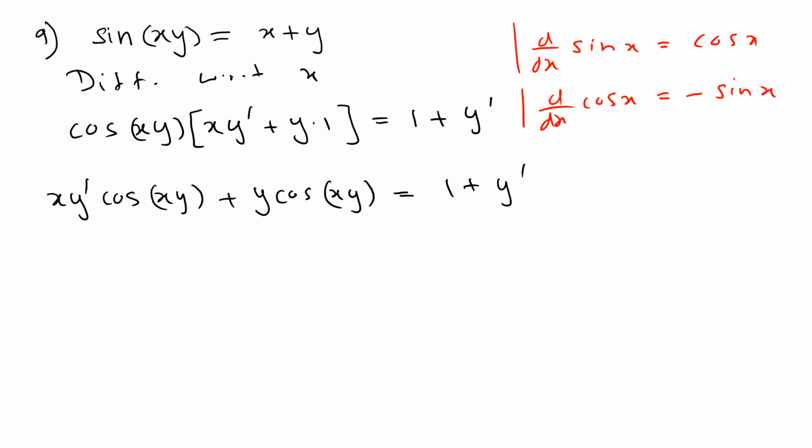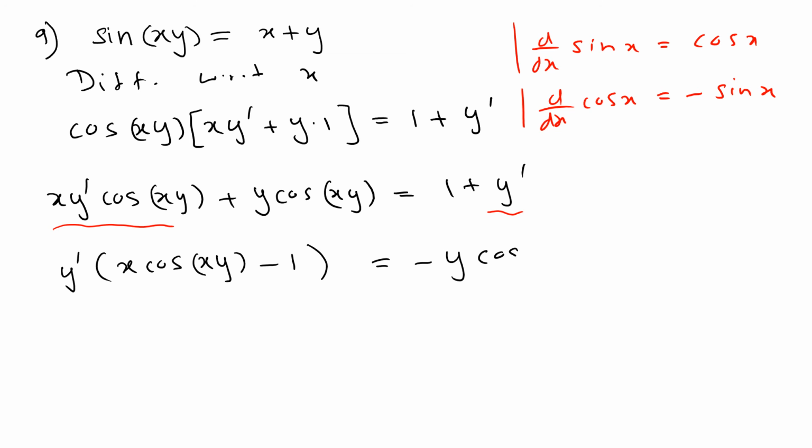Now we bring the prime terms to one side and factor y prime out. This is y prime times x cosine xy minus 1, because when you bring y prime over, it's minus y prime. Then we move all the other terms to the other side and switch the sign.